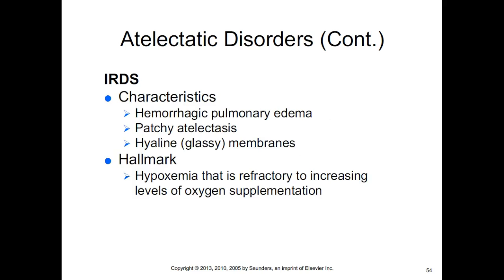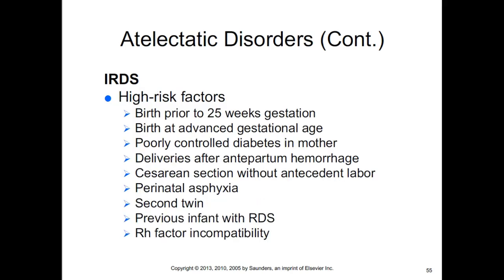Characteristics, right? Hemorrhagic pulmonary edema, patchy atelectasis, and hyaline, or what we call glassy membranes, right? And then you will see hypoxemia, right, that is refractory to increasing levels of oxygen supplementation.